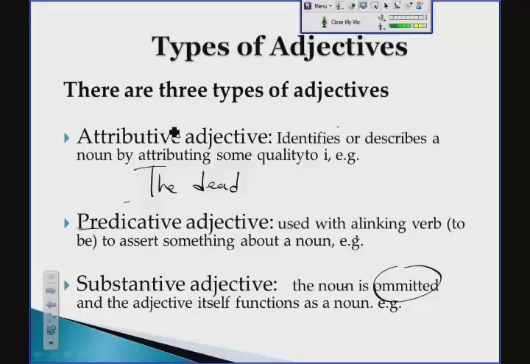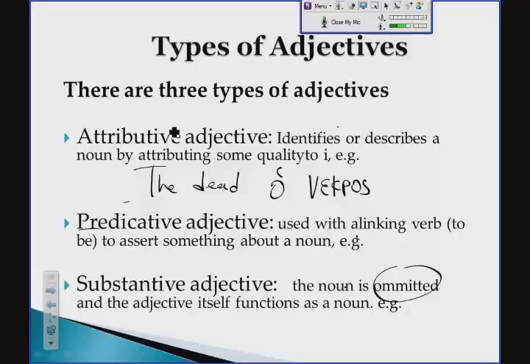Okay? And then here we're talking about the dead. What is the Greek word for the dead? Not death, thanatos, but the dead. Ho nekros.